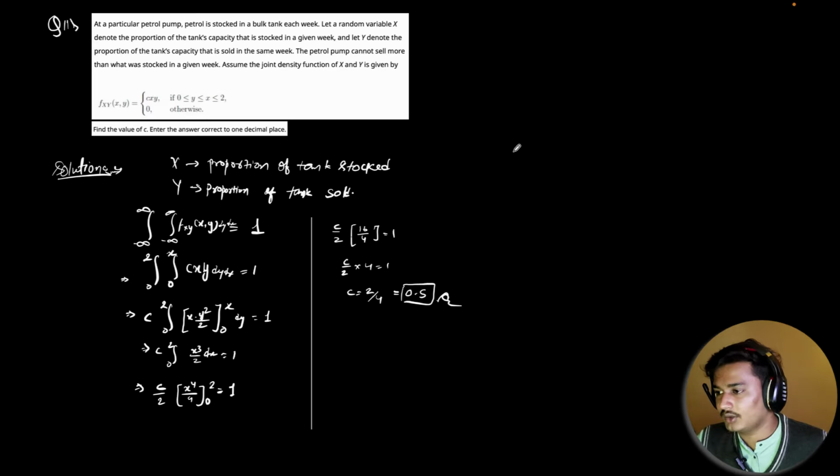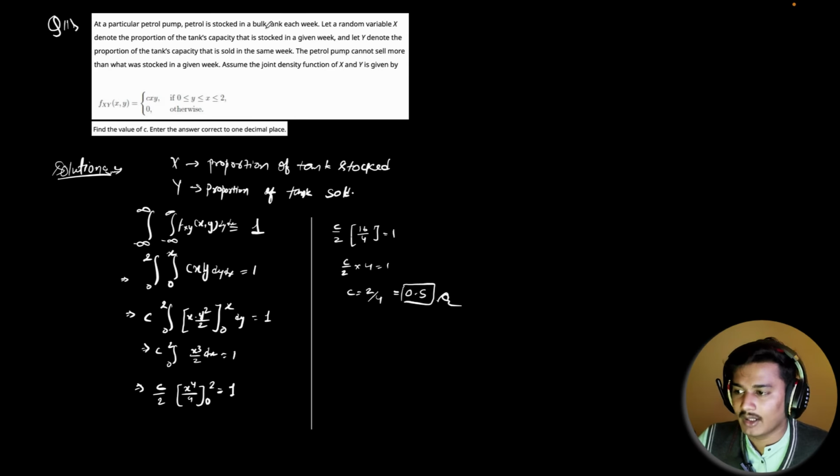Now next, 11th question. At a petrol pump, petrol is stocked in a bulk tank each week. Let a random variable x denote the proportion of tank capacity that is stocked in a given week. Let y be the proportion of tank that is sold. Then the petrol pump cannot sell more than what it has as stock in a week.